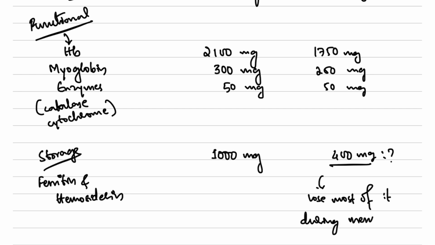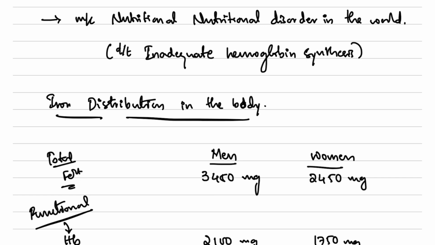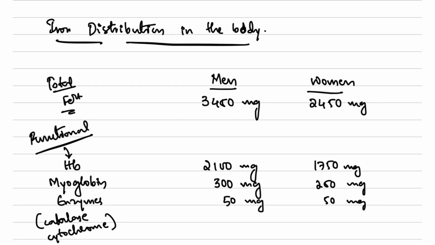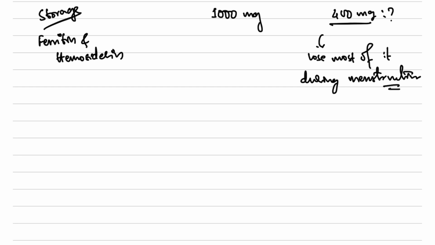Every month due to menstruation they lose a lot of blood, and with that a lot of iron, due to which women have a lower content of iron in their body. This is the iron distribution in the body of men and women, according to Robbins textbook of pathology.